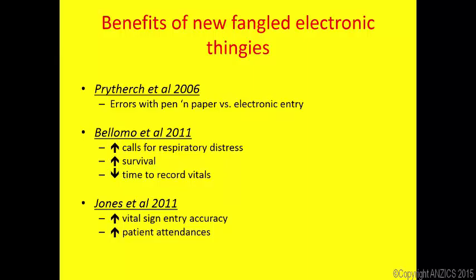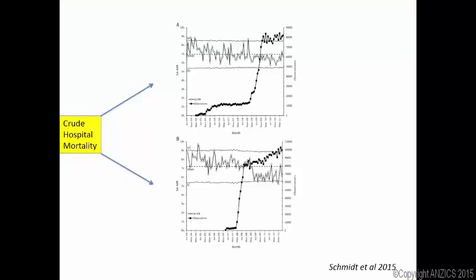And Steve Jones in 2011 did a bedside electronic capture of vital signs with automated clinical alerts, and found improved vital sign entry accuracy, and also got the junior doctors to see the patients a lot more frequently. And finally, this big study from the UK, which came out this year, was the introduction of an electronic system with handheld devices.